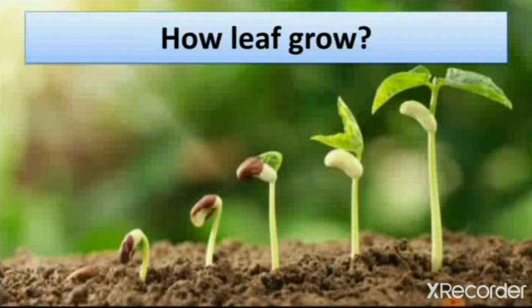First they are small, then they grow big, like us, living things. Leaves are growing very slowly. So plant is a living thing, that's why they grow slowly. As we know, when we grow a plant, we do not directly plant a tree.